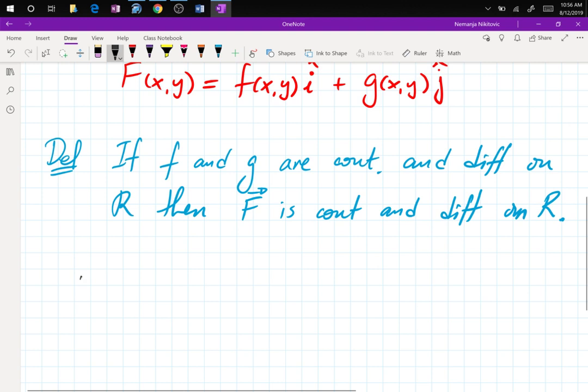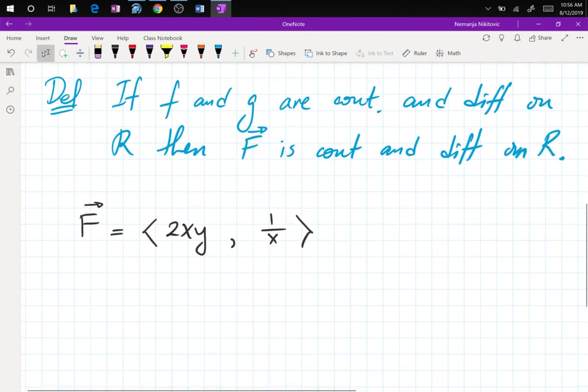You get some kind of a vector field given. Say you have 2xy and then 1 over x, for instance. And as you can see, x is not allowed to be 0 because it would create an undefined piece for the g spot over here.